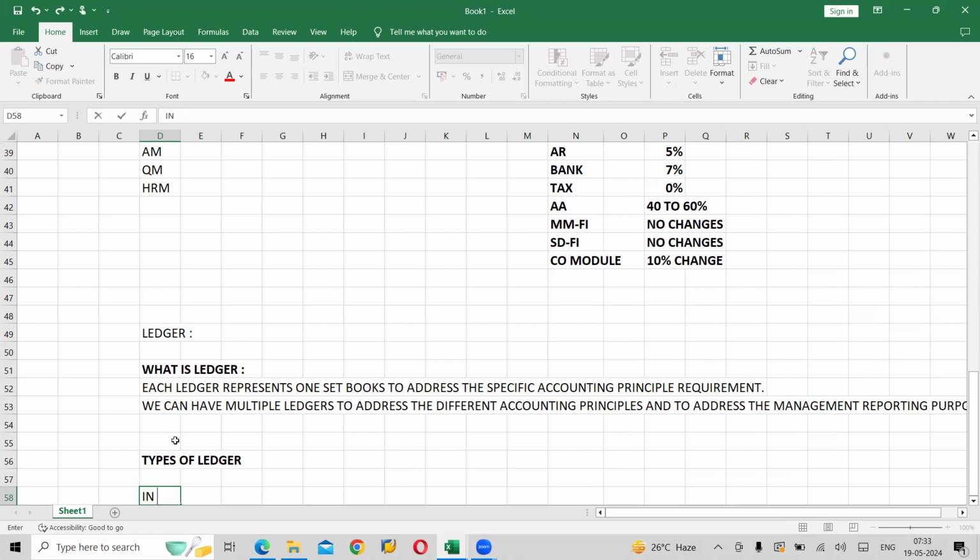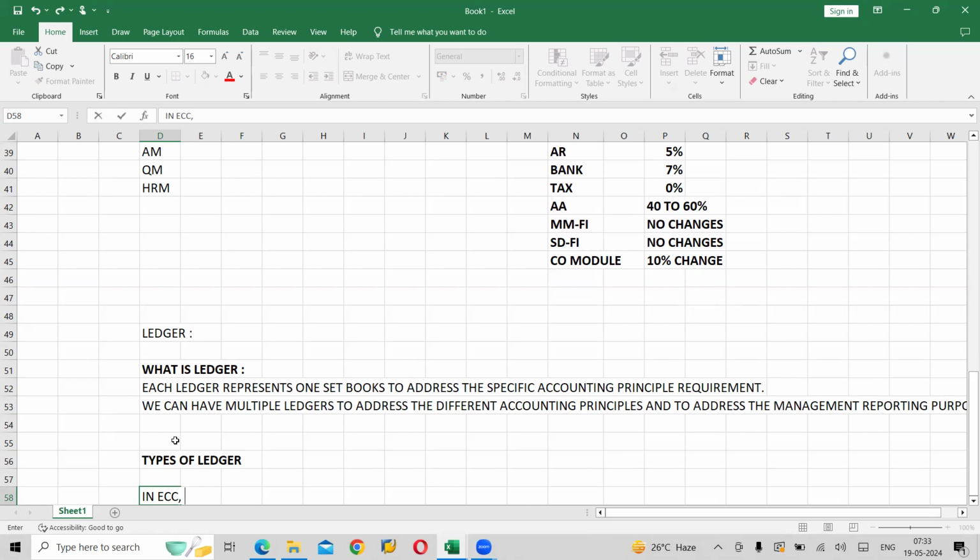Extension ledger is basically where the data will not be updated, but it needs one underlying ledger, through which the data will come to the extension ledger. We need to specify the underlying ledger. I'll explain that.